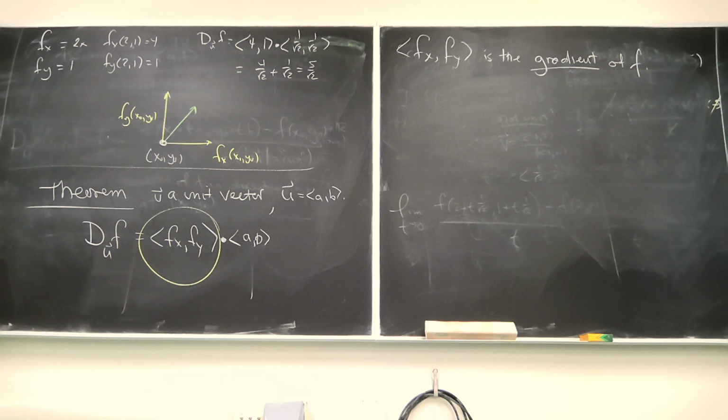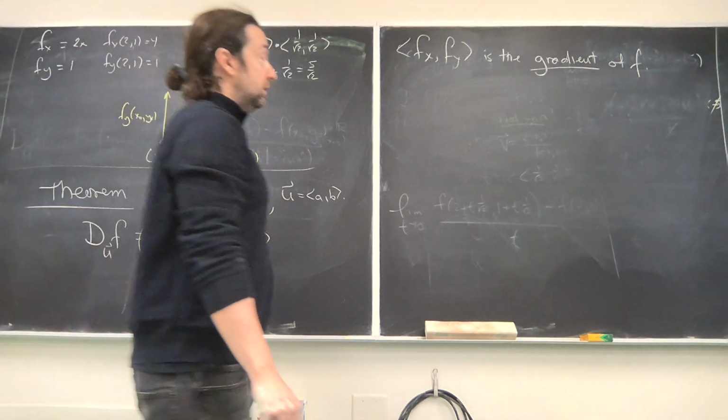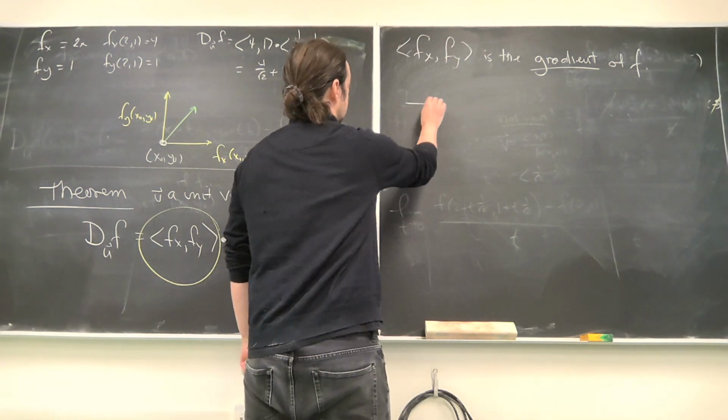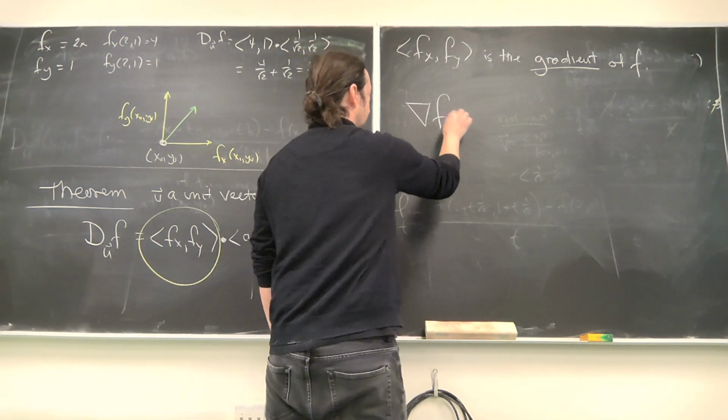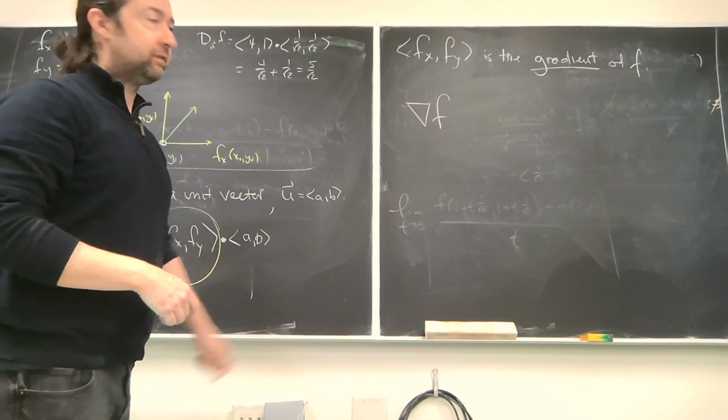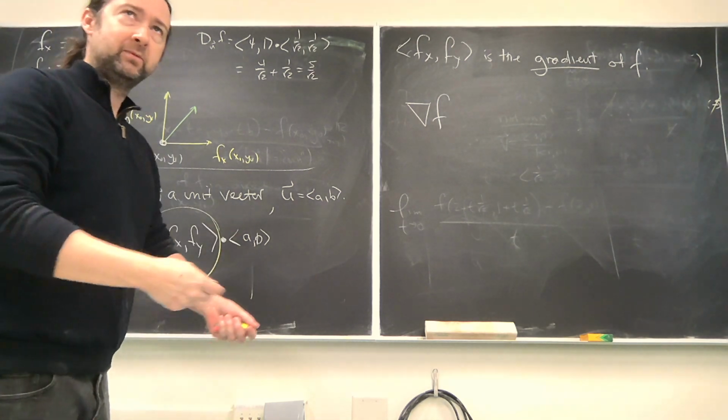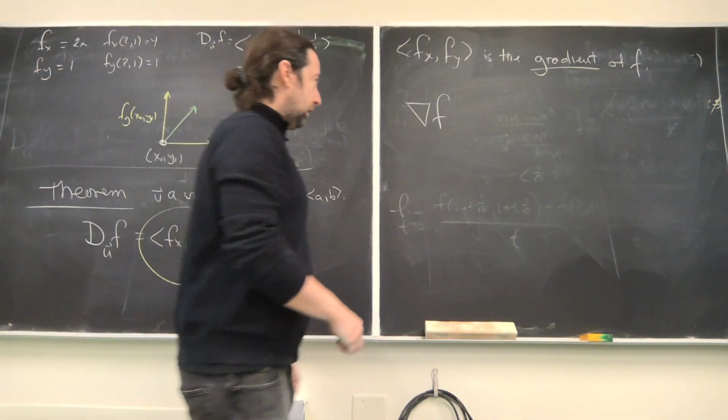One of the most important pieces of information that you can extract from a function is its gradient vector. And we can call it nabla f, or del f, or grad f. Those are all names from different fields. I'll just say grad f.